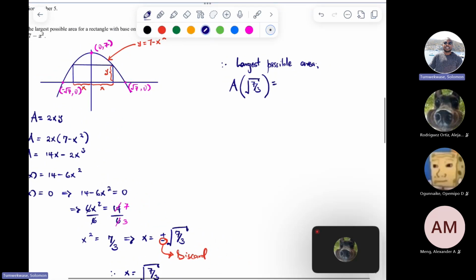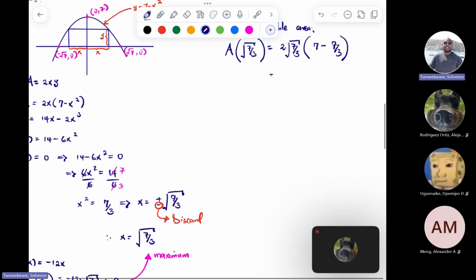So this is 2x, so this is 2 times square root of 7 over 3, times 7 minus x squared. When I square this, I'll just have 7 over 3. So this is 2 times square root of 7 over 3 times 21 minus 7 over 3.